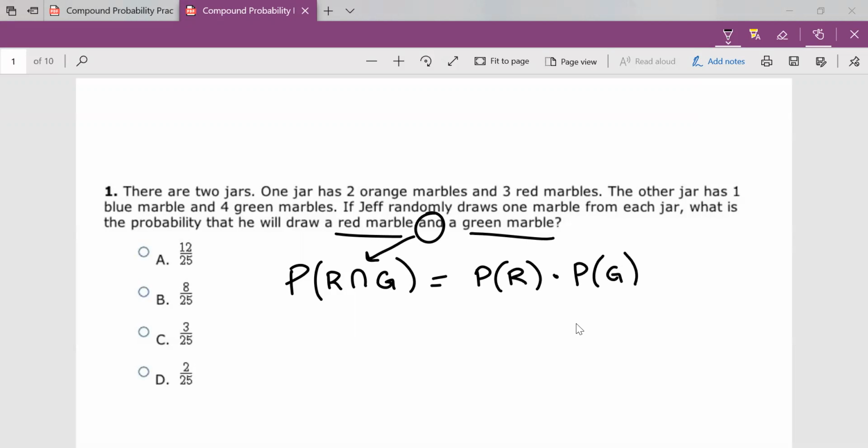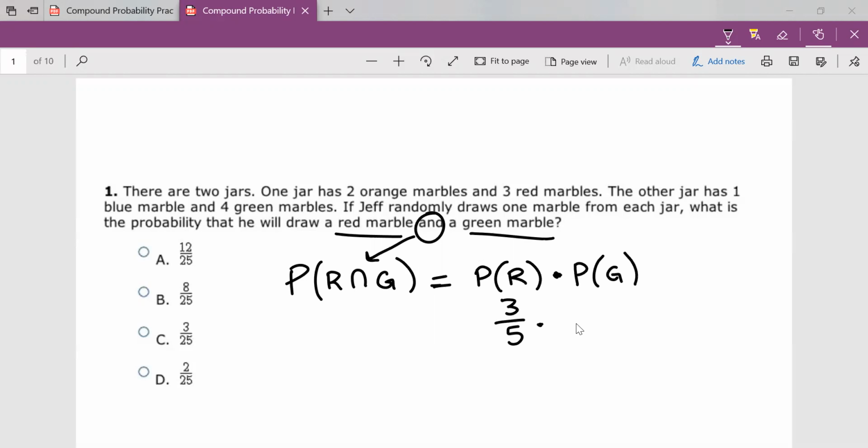Now these are independent events because the one marble selection does not depend upon the first marble selection, in that they're 2 separate jars. So let's find the probability of the red event. We know that in the first jar there are 3 red marbles out of 5 total, so that's 3 out of 5. And then you would multiply it by the probability of pulling a green marble from the second jar.